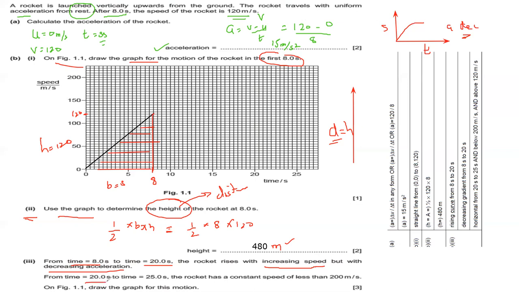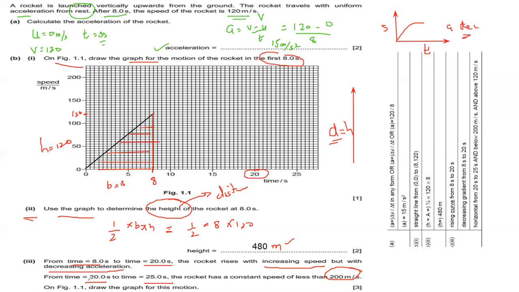Then for time 20 second to 25 second, the rocket has a constant speed of 200 meter per second. On figure 1.1, draw the graph for this motion. So from 8 second to 20 second, we have to show the decrease in acceleration until what speed?